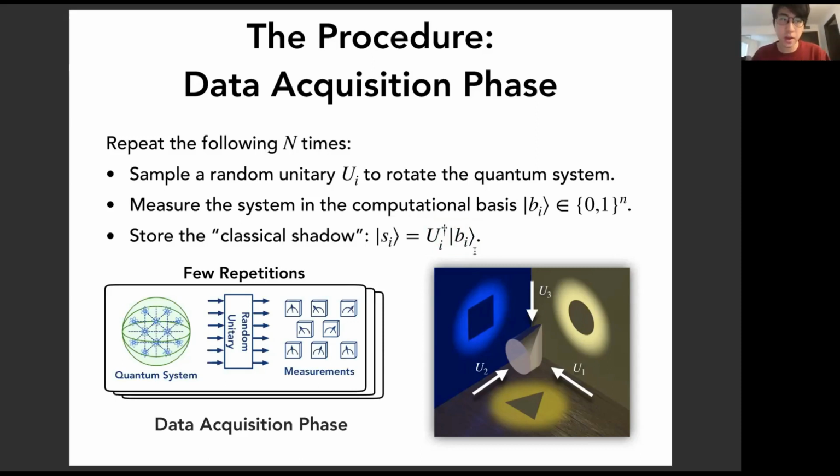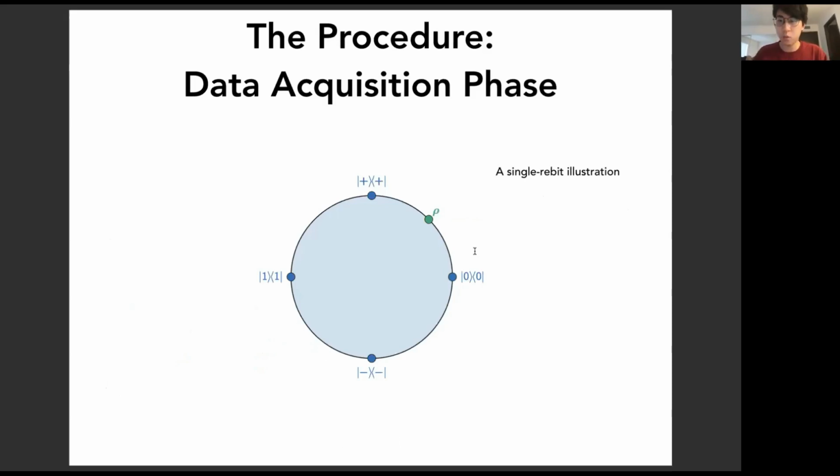And now let's look at this protocol from a very simple single qubit illustration. So it's basically just a real qubit. Let's suppose that your quantum state is this rho, this green point rho. And suppose you first measure in this plus-minus basis. When you measure in this basis, it's more likely that you will get the plus state.